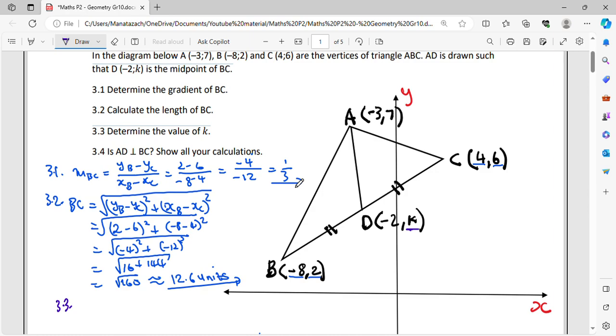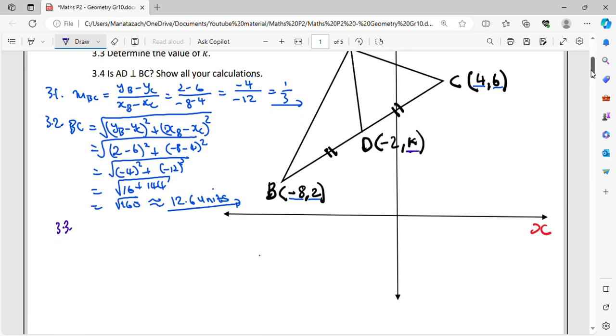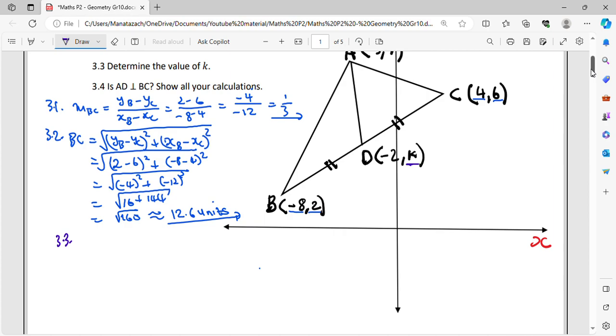We know that the gradient for BC is the same as the gradient for BD, since they are both on a straight line. So we can write the gradient for BC is equal to the gradient for BD. They are both equal to 1 over 3.